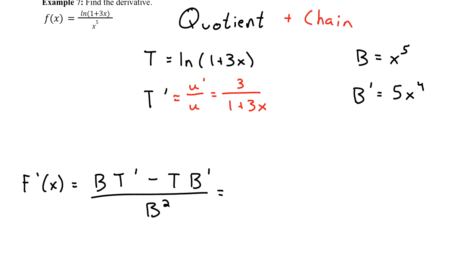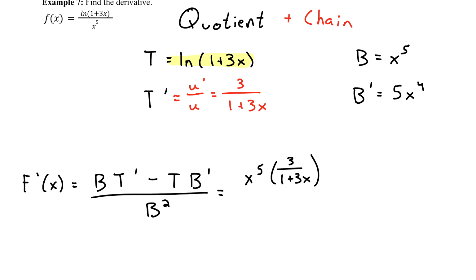So b, let's start with that. b is x to the fifth. So here we're going to have x to the fifth times t prime. T prime in this problem is 3 over 1 plus 3x. So I have x to the fifth times 3 over 1 plus 3x. There's my t prime.